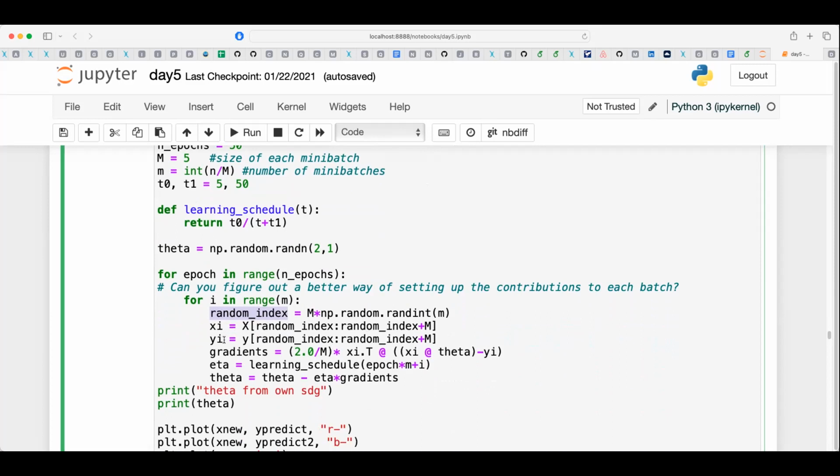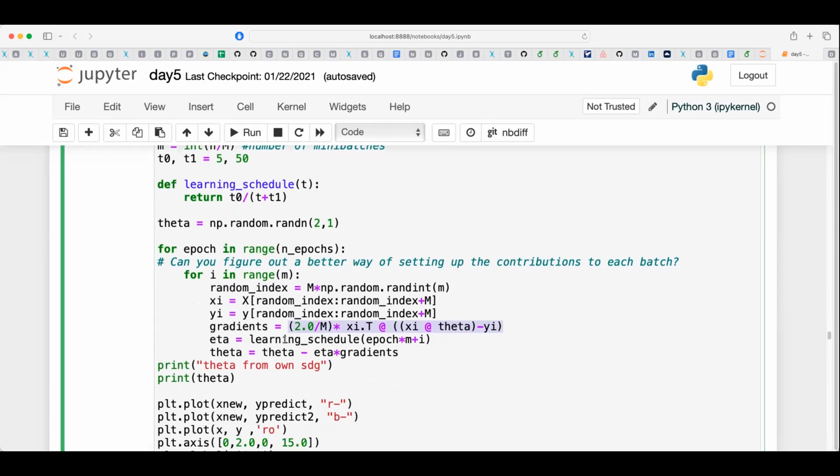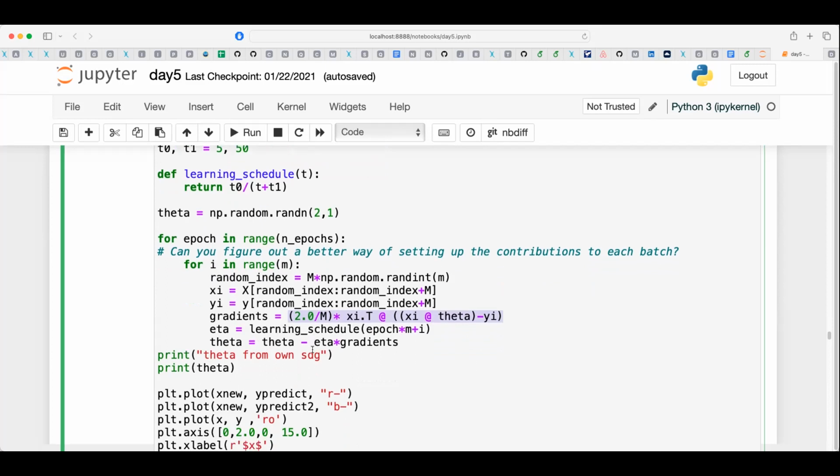So this is for X and this is for Y. And this is the gradient calculated for the mean squared error, which I'm hard coding now. There is no automatic differentiation. And then I update my learning schedule. So I have an update for the learning rate. I could have kept this to be just a constant learning rate, but now I have a very simple linear way to update the learning rate. And then I have my updated parameters here.